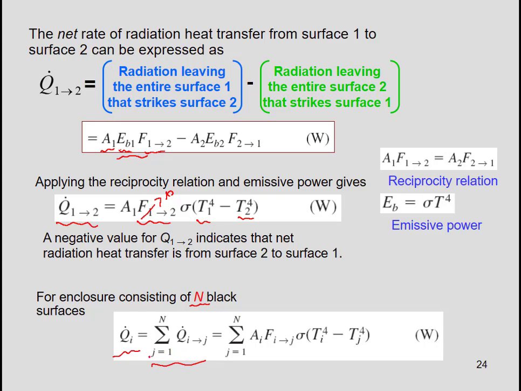The rate of heat transfer from surface i to all of the surfaces is equal to the net rate of radiation heat transfer from surface i to each one of them. Simply we should add up all of the heat transfer from that surface to the other surfaces.